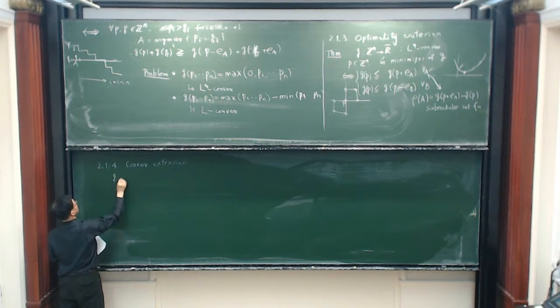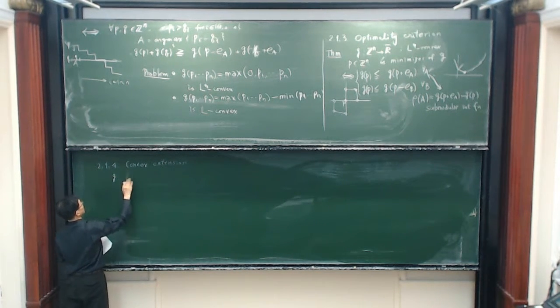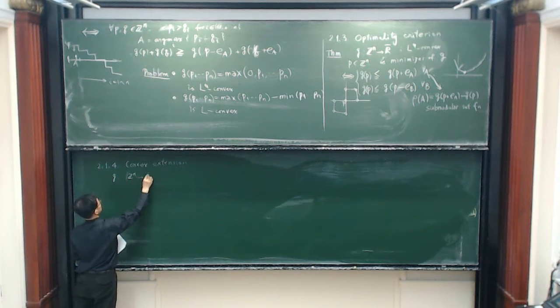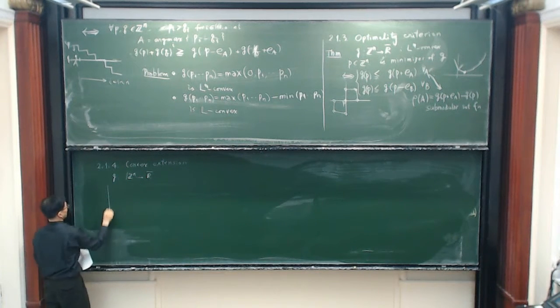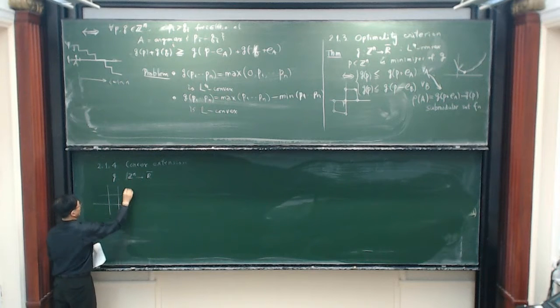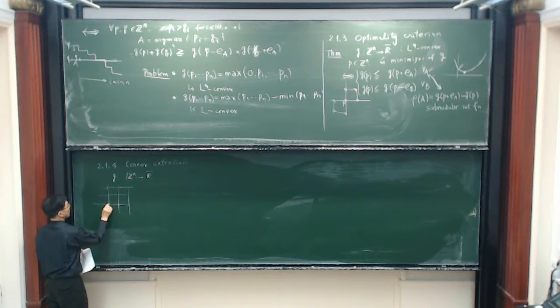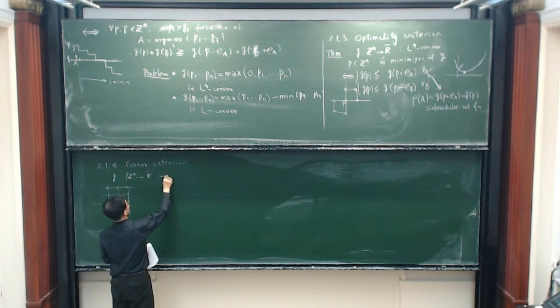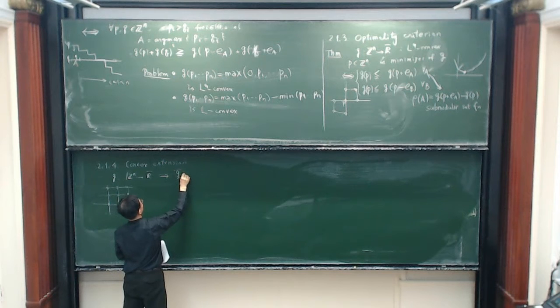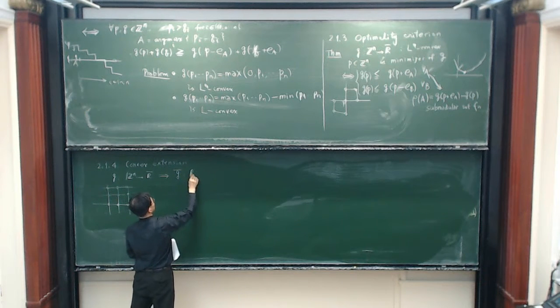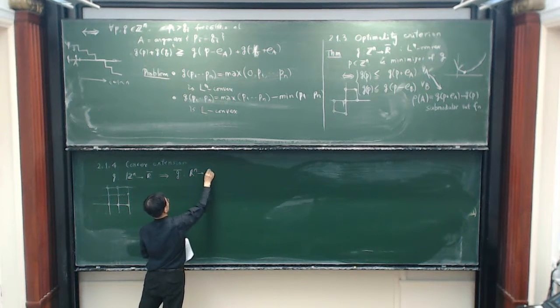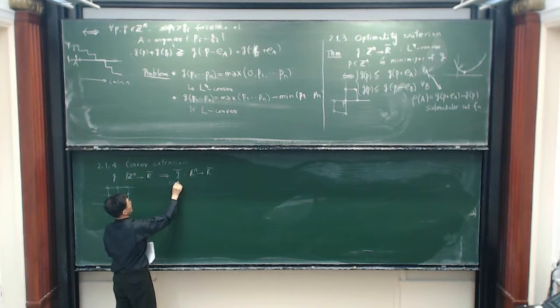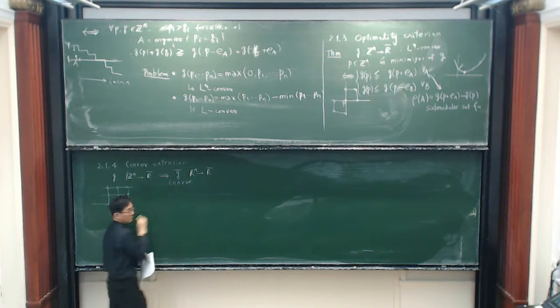So G is defined on integer points. These are points we know. And here, I'd like to construct some function which is convex in the ordinary sense.